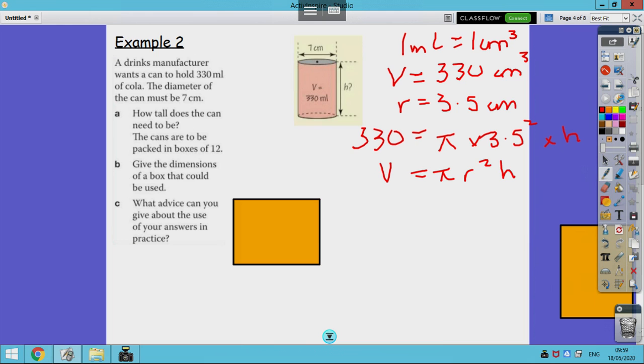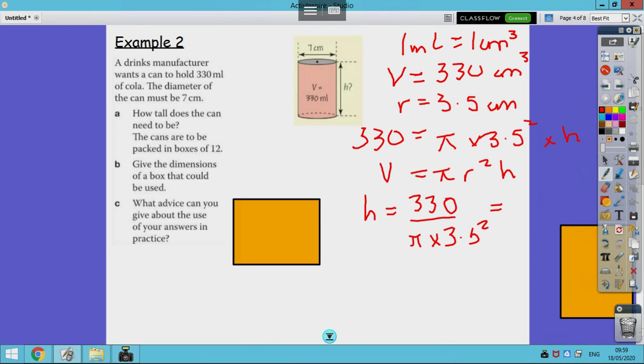V is 330, r is 3.5, and we're trying to find h. So we do 330 divided by pi times 3.5 squared.